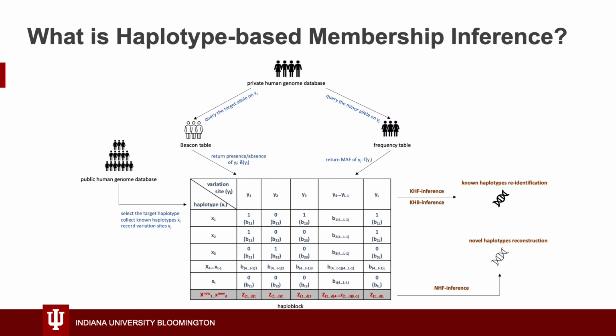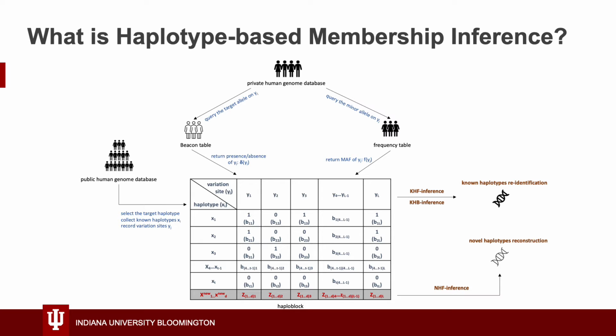Here we propose haplotype-based membership inference to evaluate if a target haplotype retrieved is carried by any genome in the private database. The attacker could obtain the target haplotype information from public human genomic resources like the 1000 Genomes Project or the PGP project.